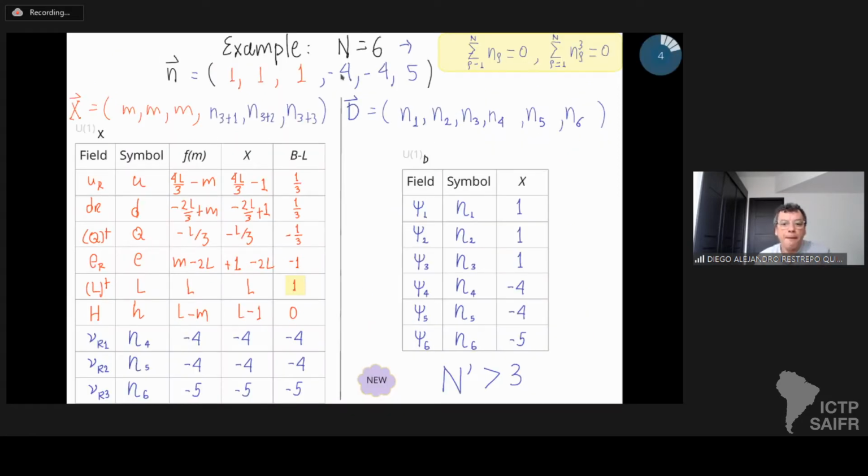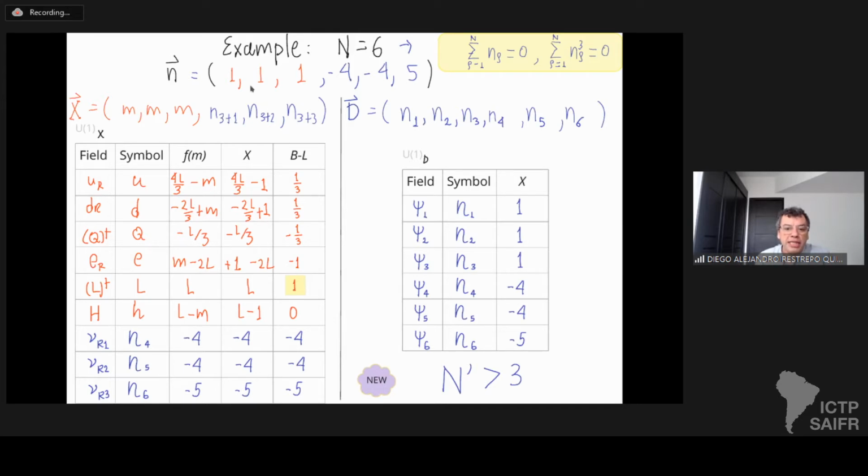As an example, I will illustrate how the same set of integer charges can be used both for U(1)X symmetries and for dark symmetries. For example, this is a very well-known solution for these two conditions: we can have this assignment 1, 1, 1, minus 4, minus 4, 5.